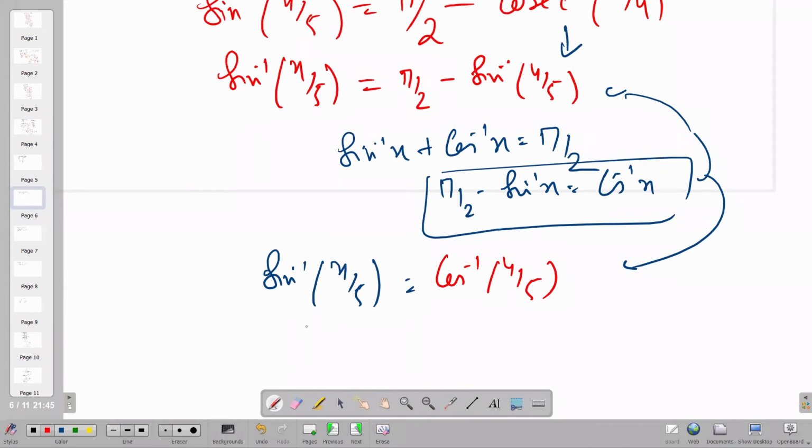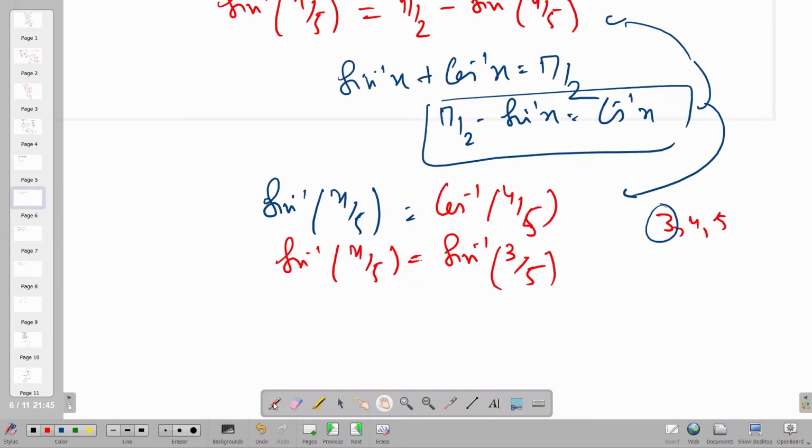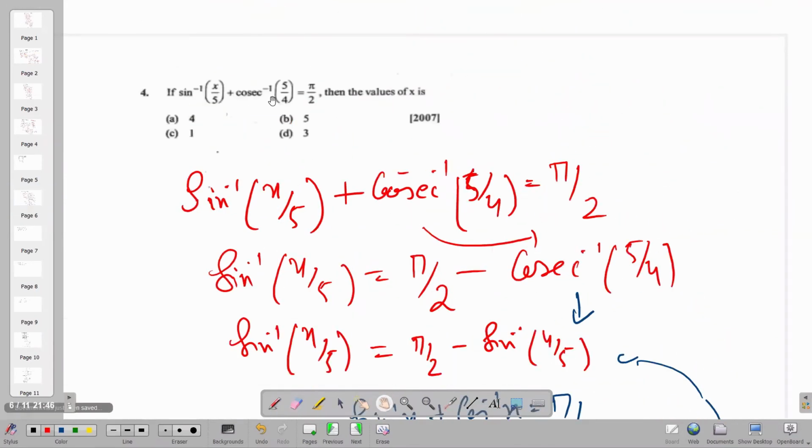And using my Pythagorean triplet 3, 4, 5, if this is base upon hypotenuse, then my perpendicular would be 3. So this comes out to be sine inverse of 3 by 5. Further, I can write x by 5 is equal to 3 by 5. And further solving, I get x equal to 3 as the answer, and my correct option is option D here.